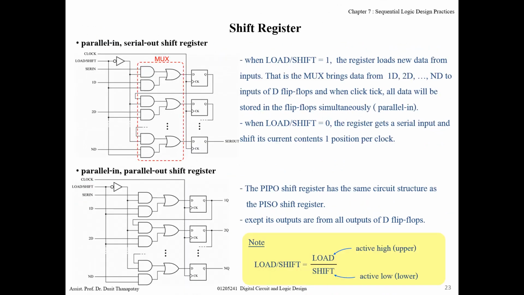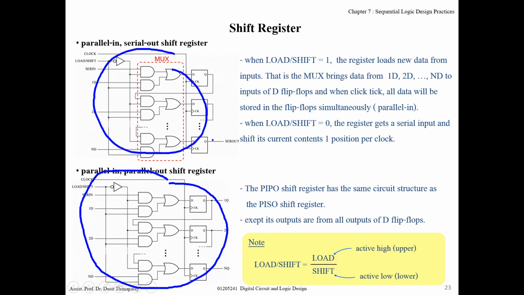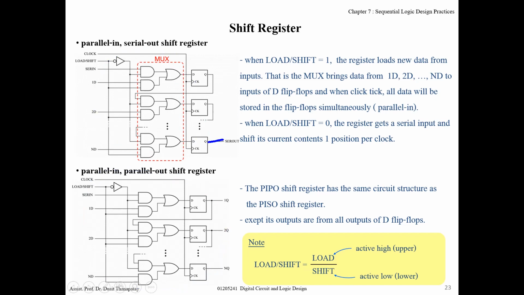Okay, now next, how about parallel in, serial out, and parallel in, parallel out? Actually, this circuit and this one are the same. The difference is only 1-bit output or multiple-bit output.